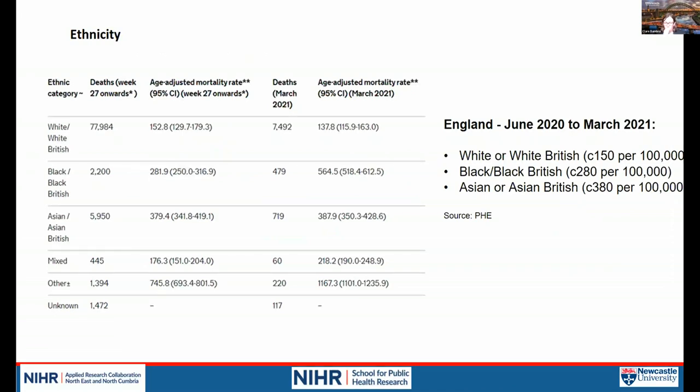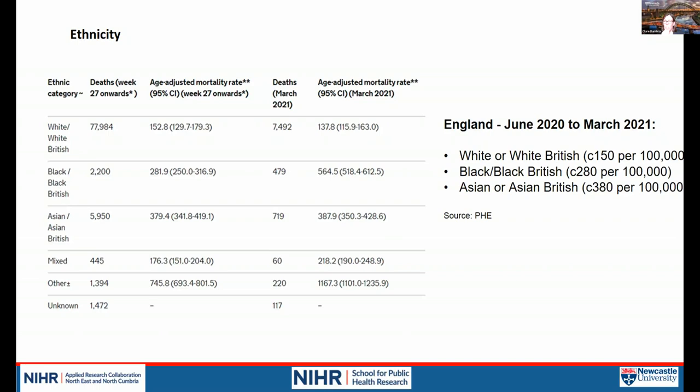Moving beyond socioeconomic status, an important overlaying aspect of inequality that's been particularly highlighted in the United Kingdom through the pandemic is the influence of ethnicity, and how very early on in the pandemic it became very clear that minority ethnic groups were experiencing much higher rates of mortality than white or white British. And here's just some data from Public Health England, again looking through to March 21.